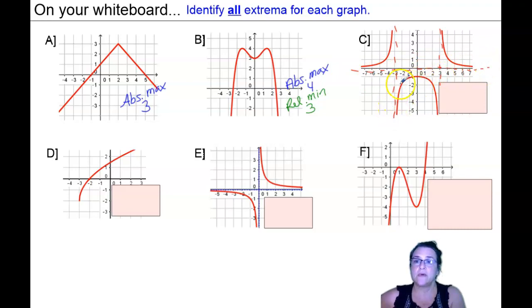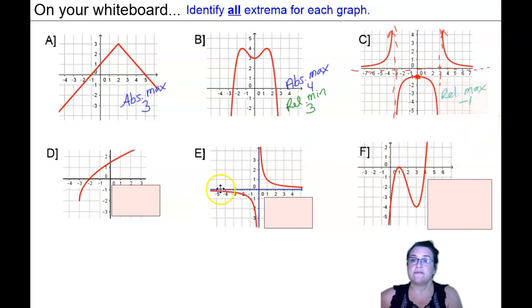But we can see where the curve changes from increasing to decreasing right at the point 0, negative 1. That would be a relative maximum. It's not an absolute max because the graph is heading up to positive infinity along these asymptotes, but it is relative to the interval from negative 1 to 1. So we have a relative max of negative 1 in graph C.